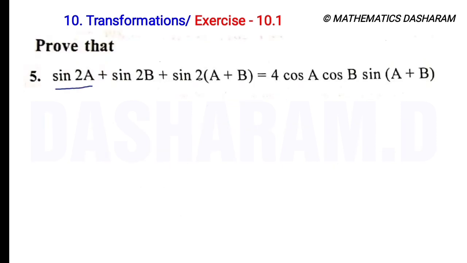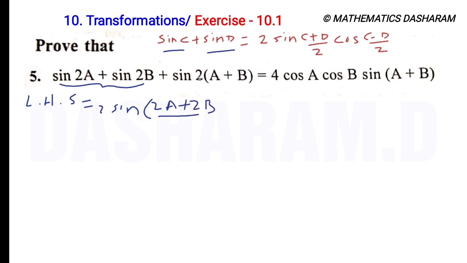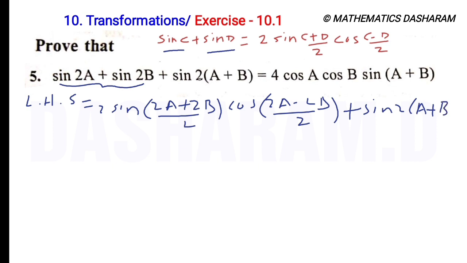Fifth question: sin 2A plus sin 2B plus sin 2(A plus B) equals 4 cos A cos B sin(A plus B). First select the LHS. For the first two terms, apply the sin C plus sin D formula, that is 2 sin((C plus D) by 2) into cos((C minus D) by 2). So 2 sin((2A plus 2B) by 2) into cos((2A minus 2B) by 2) plus sin 2(A plus B).